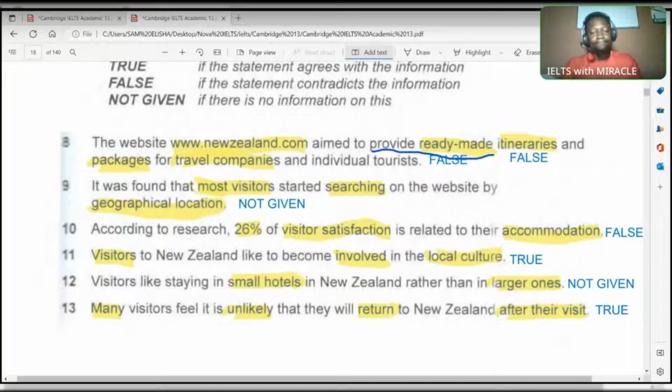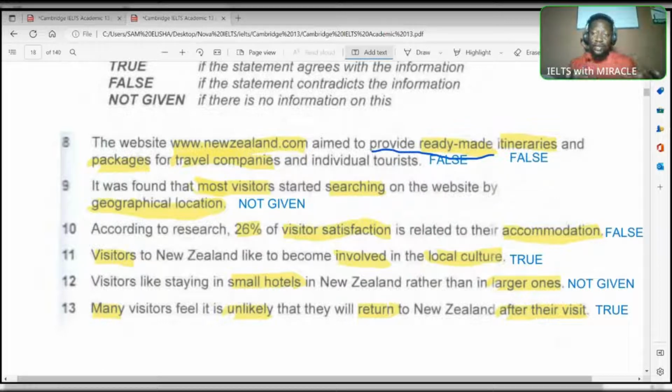Now you would notice what I have done: my answers are made up of the keywords. What determines which is true, which is false, and which is not given are the keywords. When the keyword I have seen in the question is available in the passage, then my answer will be true. All of the keywords.